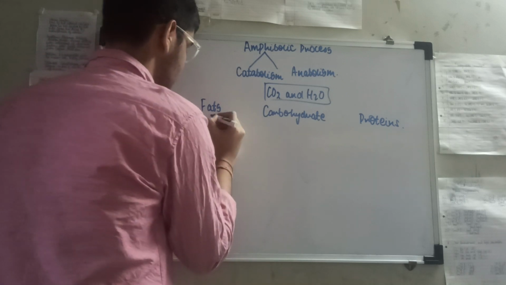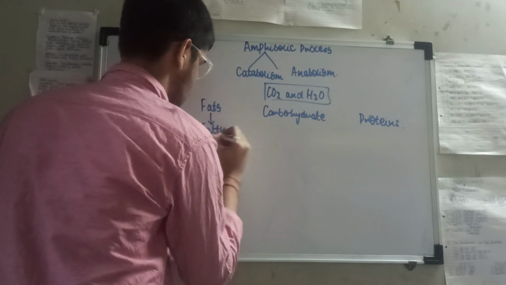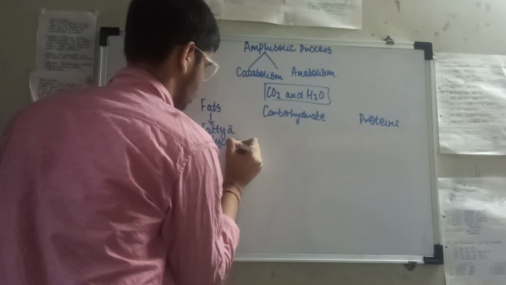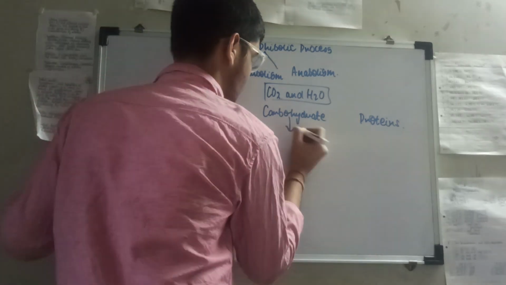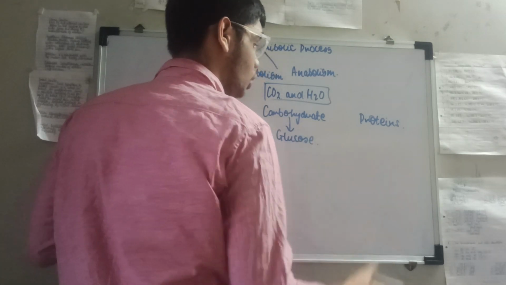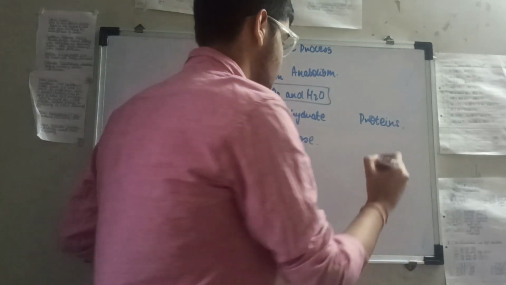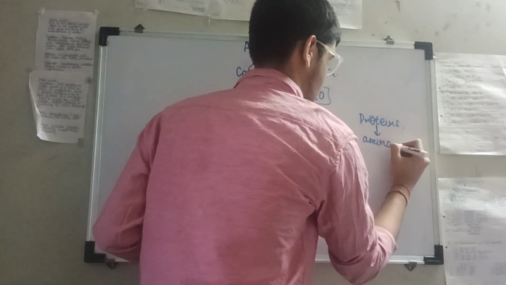So fats need to be first converted into fatty acids and glycerol. Carbohydrate we converted into simple sugar, glucose, and proteins should be converted into amino acids, that is their simplest form.